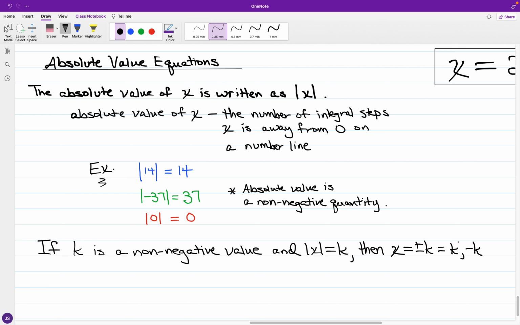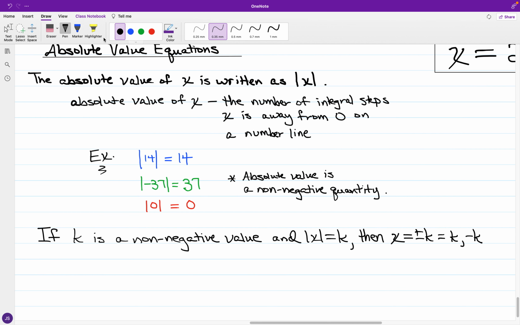Now, in terms of absolute value equations, just to kind of get things started.